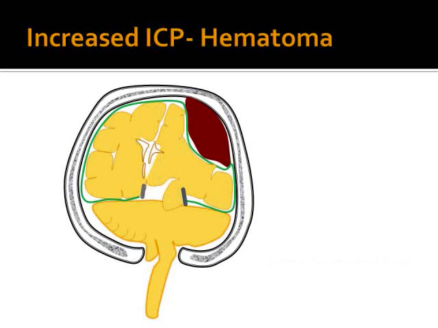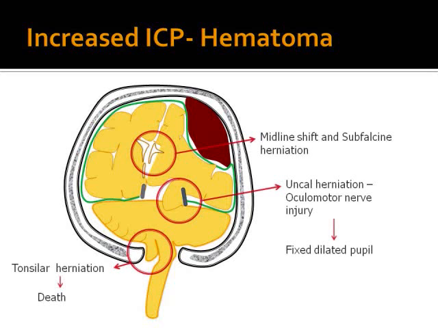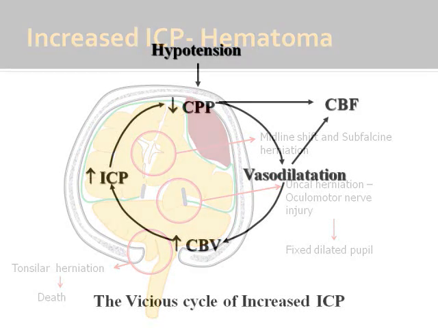When there's a hematoma, it results in midline shift because of pressure on one side, and that can lead to uncal herniation, which leads to oculomotor palsy, and that is an early and usually quite significant sign in head injury. An ipsilateral fixed dilated pupil. If tonsillar herniation occurs, it invariably leads to death because of compression of the respiratory center.